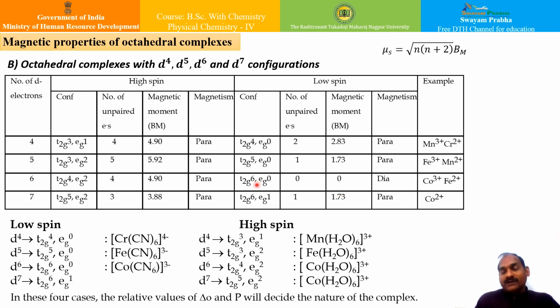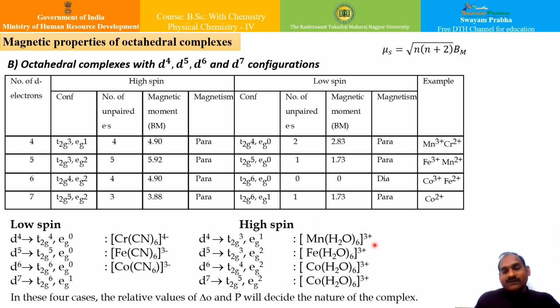Among all these cases, the t2g6 case is the only case where the low spin complex can have diamagnetic nature. The examples are given over here. So low spin and high spin arrangements I have tried to show over here, and the complexes are also mentioned in front of their electronic configurations.